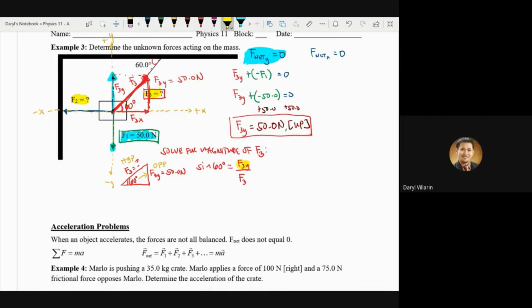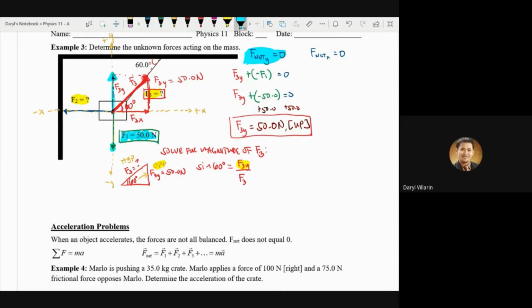F3Y is the opposite side. Sine is opposite over the hypotenuse. That's how we define sine of an angle. It's just the ratio between the opposite side and the hypotenuse.